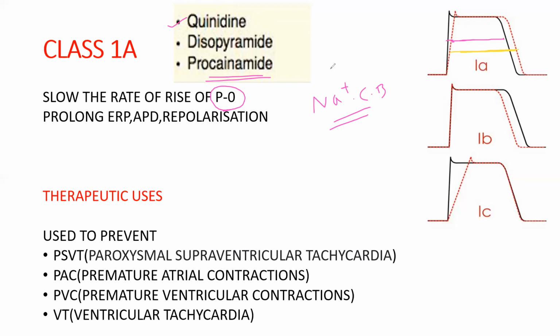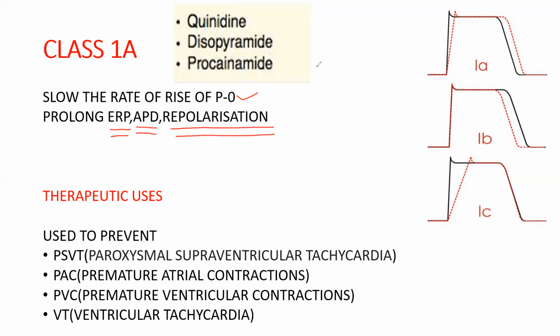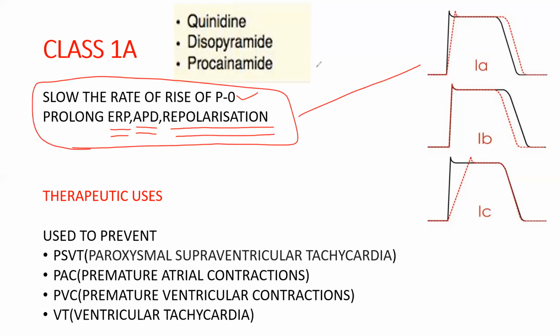This repolarization is also getting prolonged. So class 1A drugs slow down the rate of phase zero, prolong the effective refractory period, prolong the action potential duration, and prolong the repolarization. These are the properties of class 1A drugs, and this is the graph.